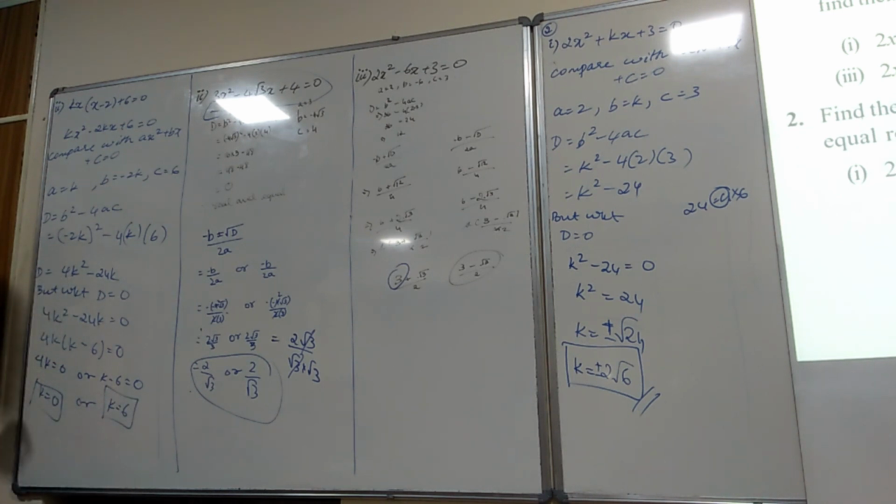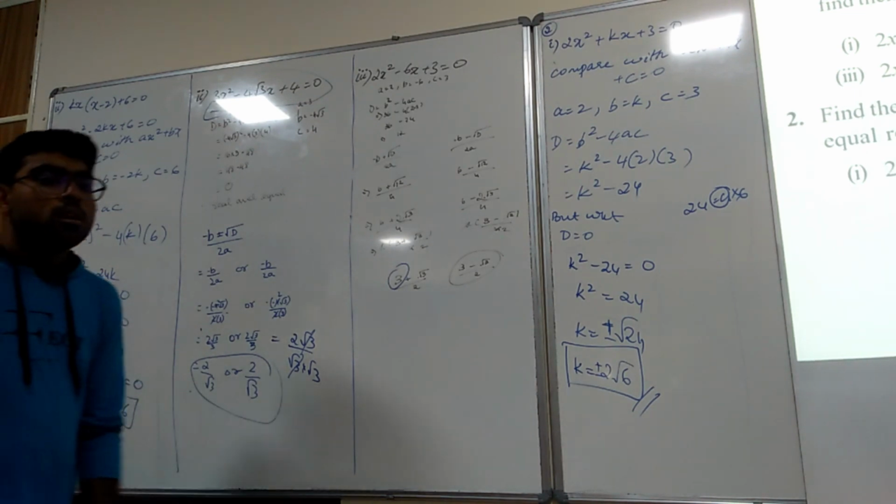Clear, doubts? Discriminant equal to 0, 4k power remaining is k minus 6. Factorization, split it up and down, you have done the complete exercise. Done, clear? Doubt?